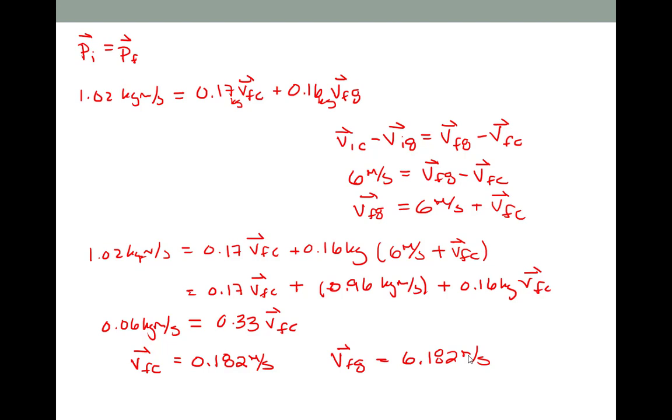If their masses had been equal, it would be a perfect exchange of velocity, but they're just slightly different, which is true in real life. If you took and massed a cue ball and massed an 8 ball, they would have slightly different masses. This concludes this part and this unit.